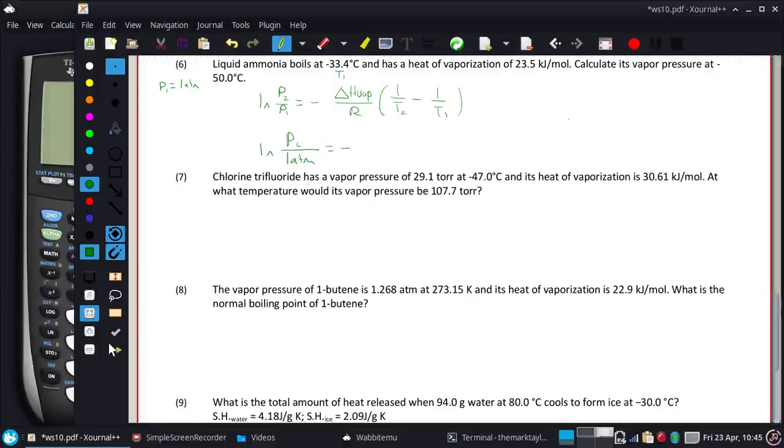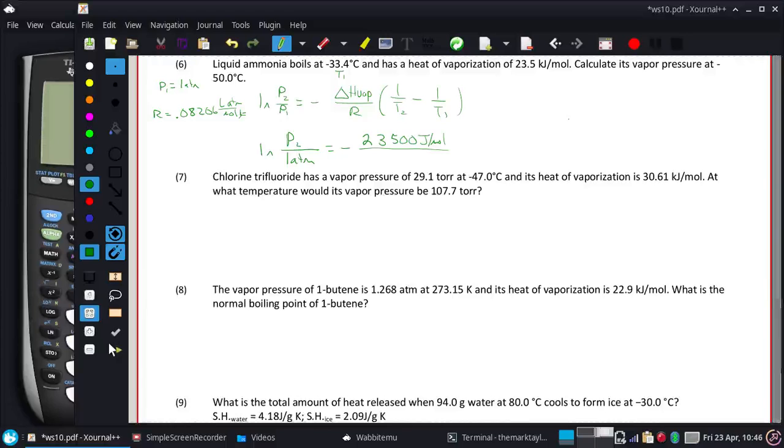Now, heat of vaporization, I said we want this in joules, so I'm going to write in 23,500 joules per mole. Now, we introduced R last chapter as a gas constant, and it still is. But in that previous chapter, our R had a value of 0.08206 liter atmospheres per mole kelvin.